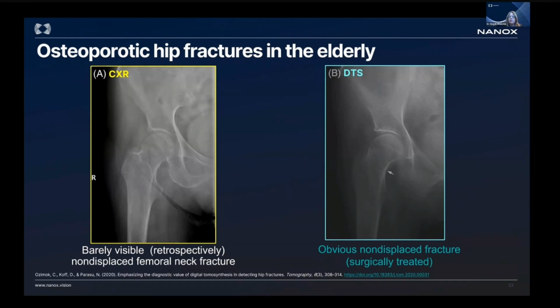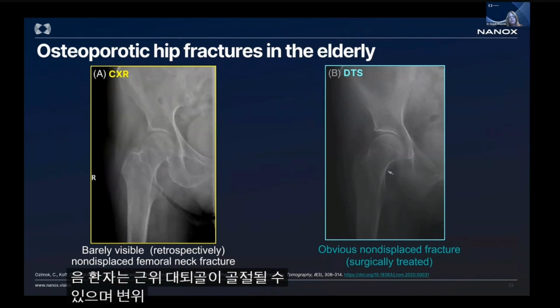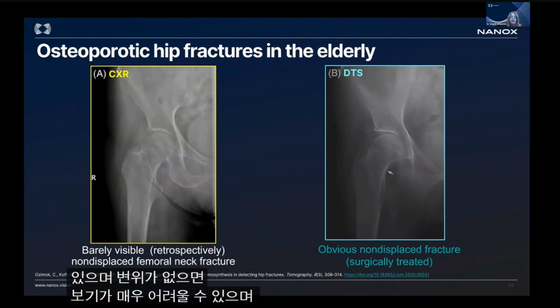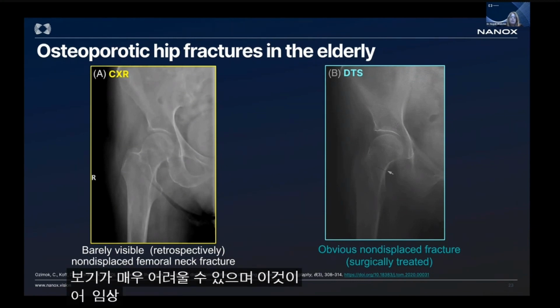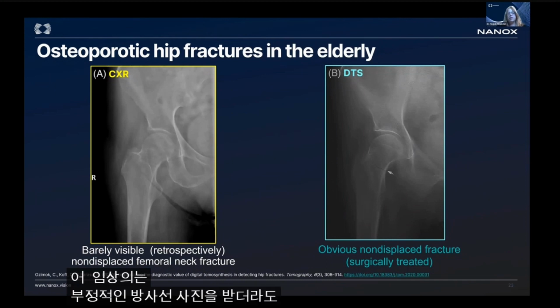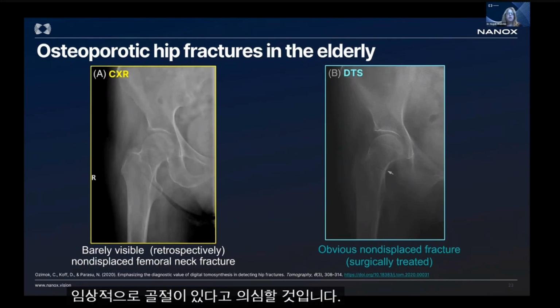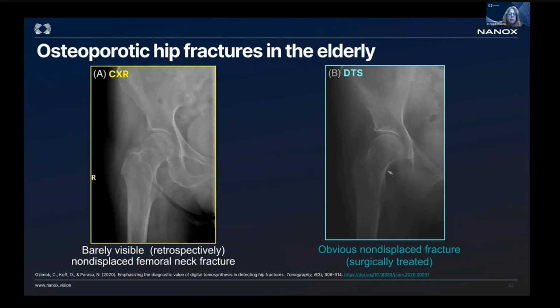Due to a simple fall, patients can fracture the proximal femur, and if there is no displacement, this can be very hard to see. And this is why, for the clinicians, even if they get a negative radiograph, but clinically they do suspect that there is a fracture, they have to relate to it as an occult fracture, that there is a fracture that was just not seen on the radiographs.